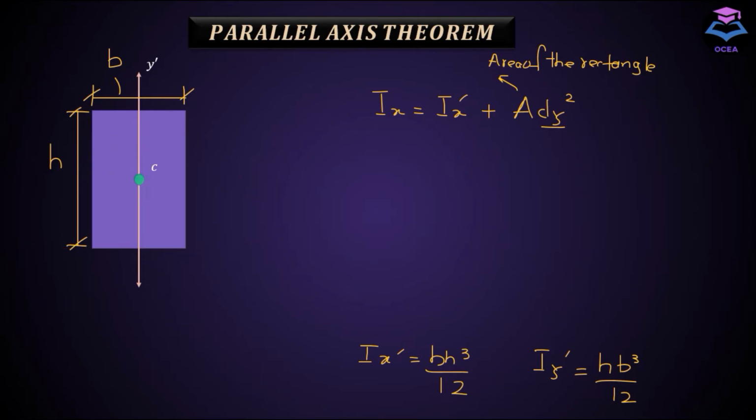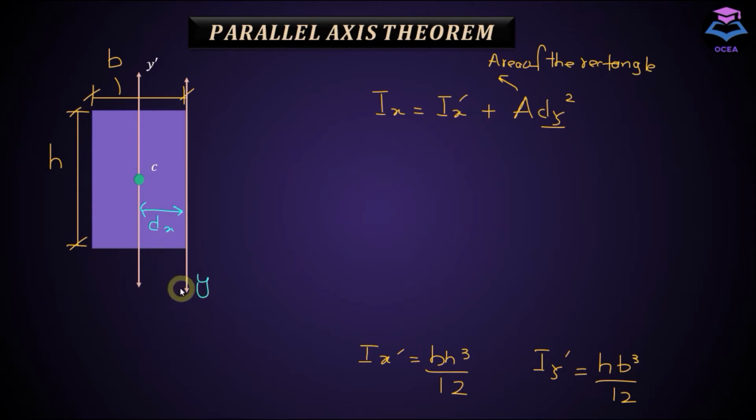You'll get your moment of inertia about this axis. What if I want to find moment of inertia about this axis, when the axis is passing through this edge of the rectangle? Let's name this axis y, and let's name the perpendicular distance between the two axes as dx.